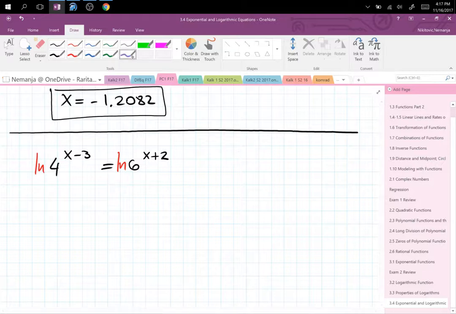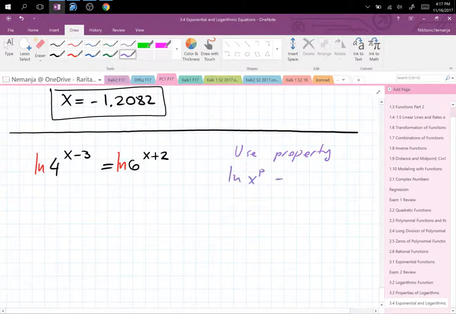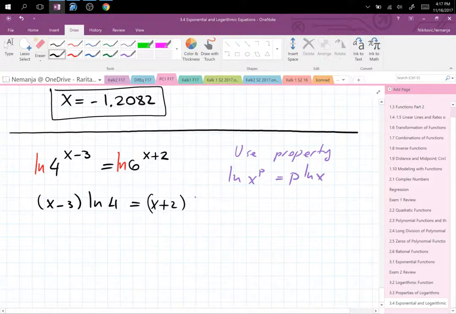And then we use the property which says that ln x to the p is p ln x, which means that all of these exponents can go in front. So I have x minus 3 times ln 4 is equal to x plus 2 times ln 6.